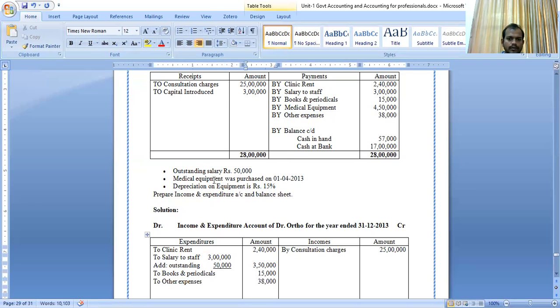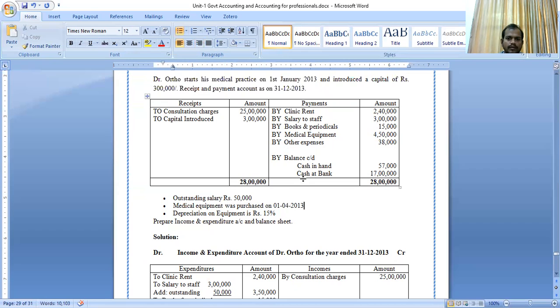Medical equipment 4,50,000 purchased on 1st April 2013. So we have to calculate the 15% depreciation on the equipment.